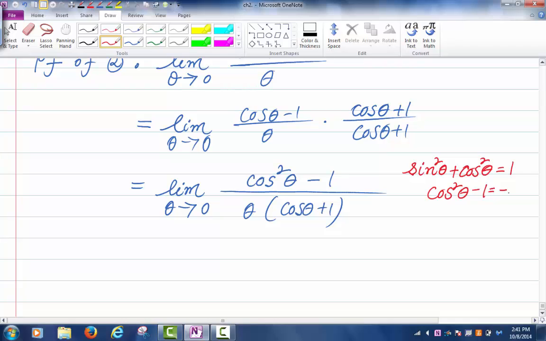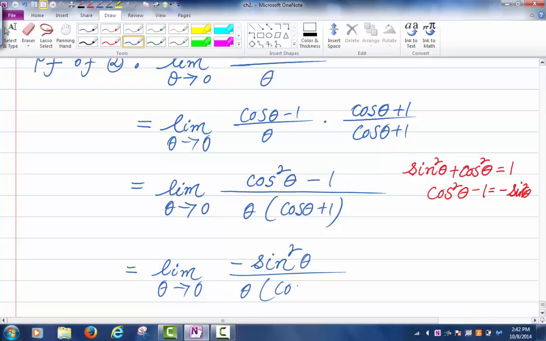Negative sine squared of theta, right? You guys agree with that? So using that, I could say that this is the limit as theta goes to 0 of negative sine squared of theta over theta times cosine theta plus 1.